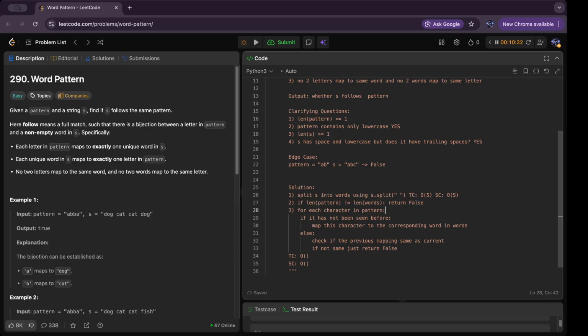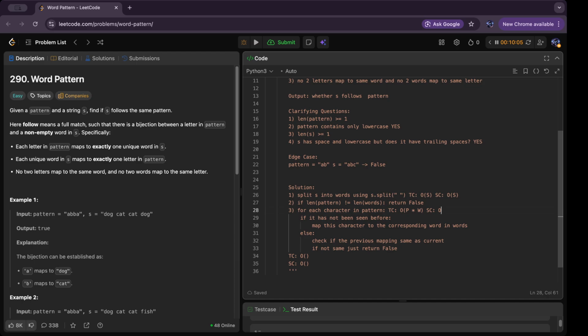And then for each character, we'll take P iterations, and in each iteration it will do at most W work, because it will check whether the previous mapping of the word matches the current word in words.